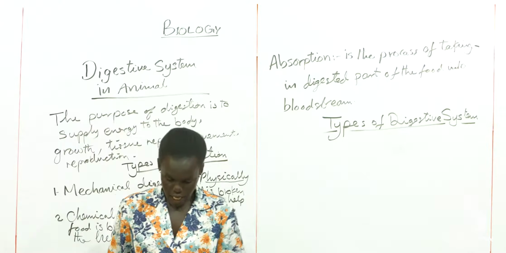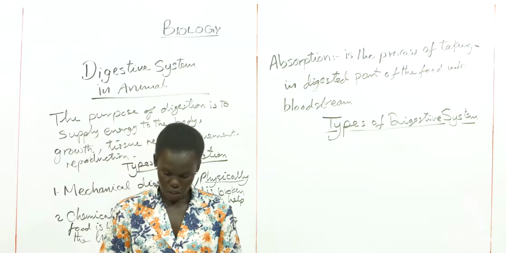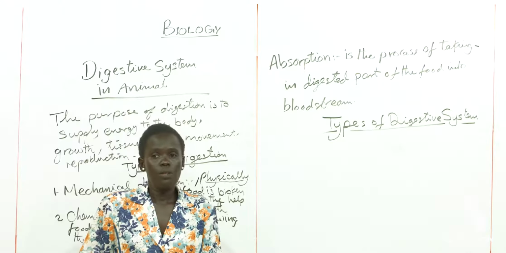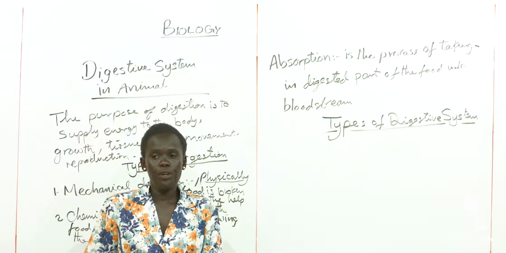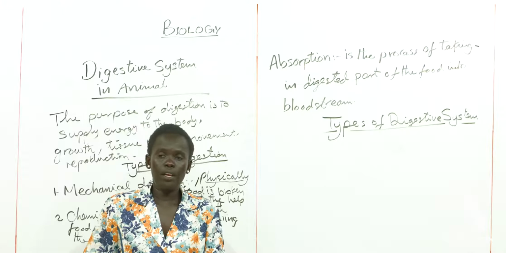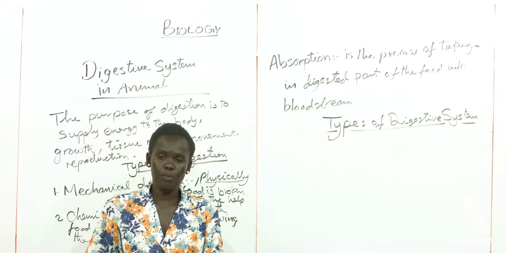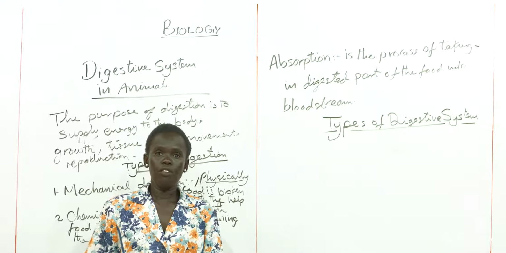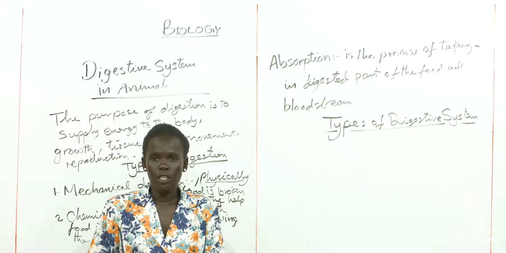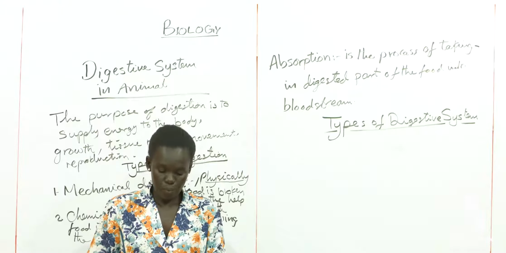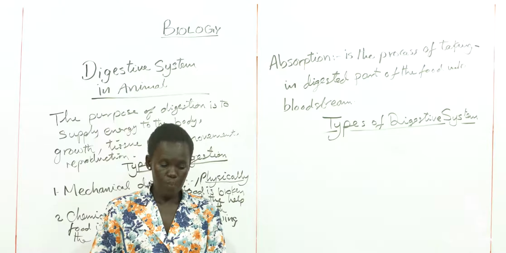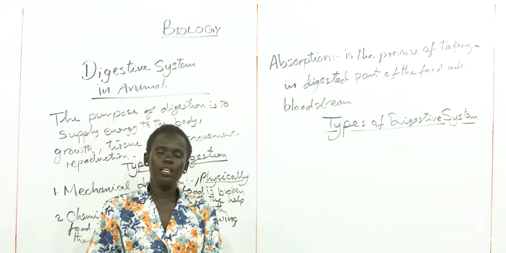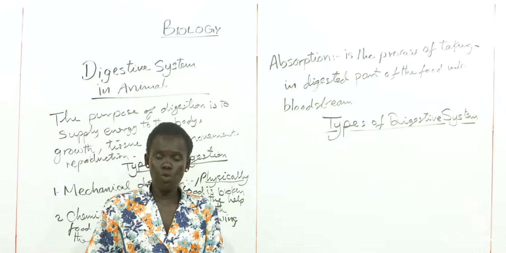From the beginning, we learned that animals feed on other organisms. Either they feed on plants or they feed on other animals. So based on the habit of nutrition, they were classified into groups.